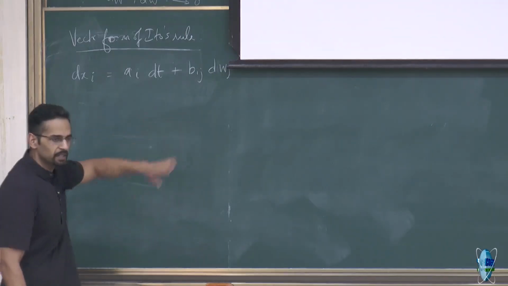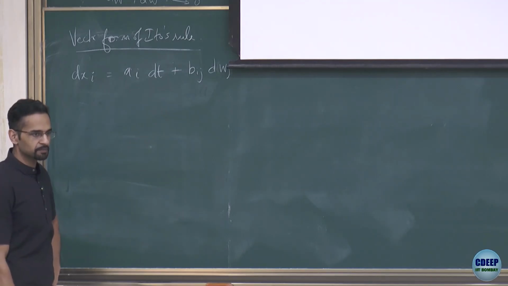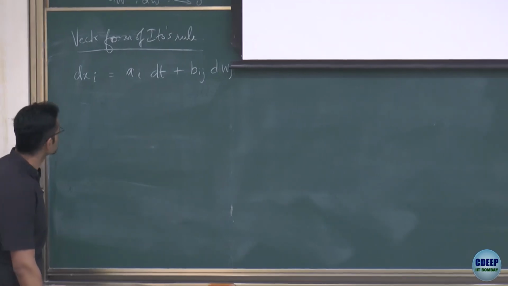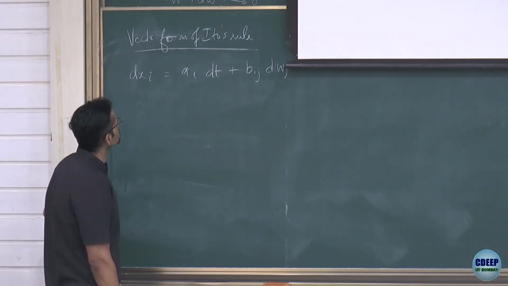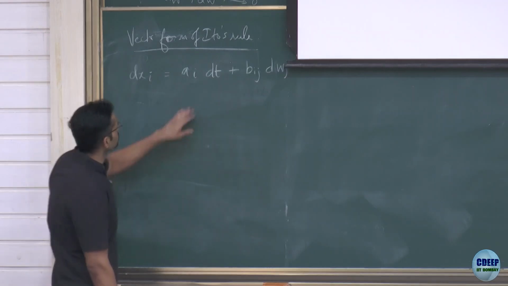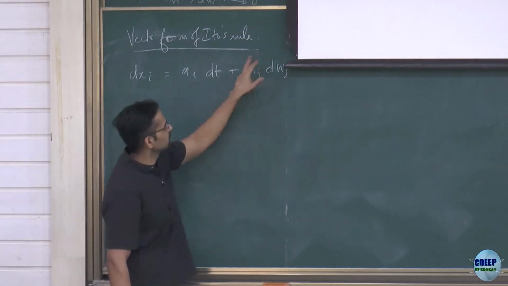So this is a completely general way of writing a vector of SDEs. Now, of course, you can do more complicated things here, but this is anyway deterministic, so it doesn't matter, right? The main thing is this.